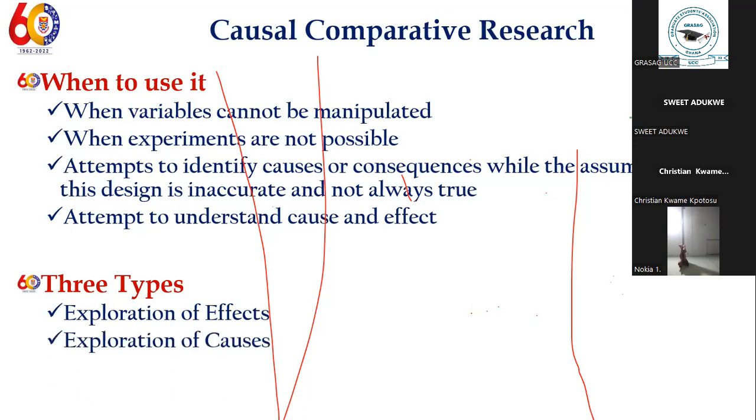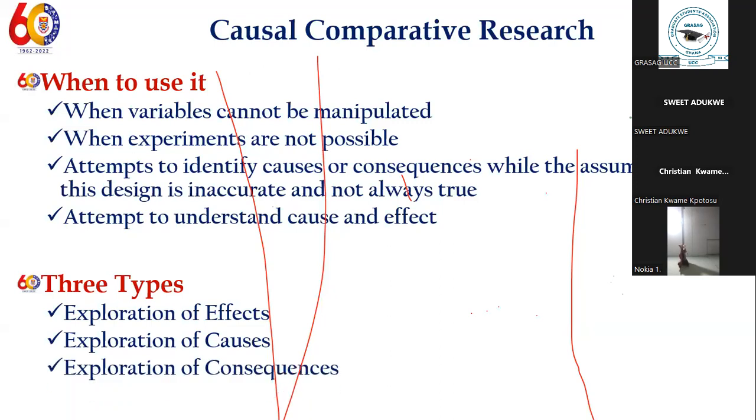Also, when we want to explore causes, so intake of alcohol, or higher intake of alcohol causes so and so, then you can observe individuals who take alcohol and individuals who do not take alcohol over a period of time. As you are observing, at the end of the day, what conclusion do you draw on these 2 groups of individuals?